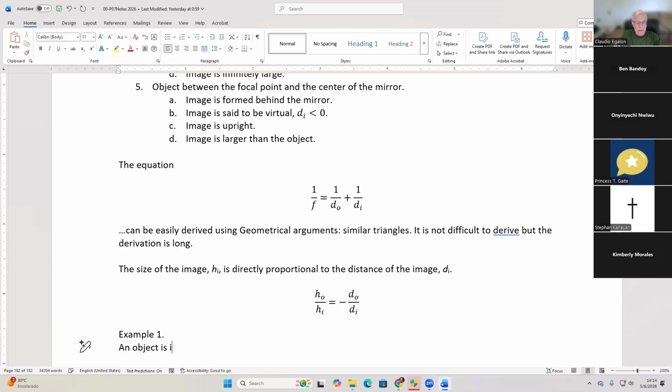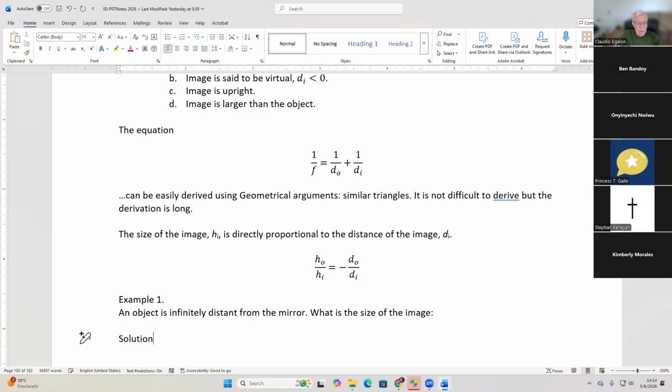Object is infinitely distant from the mirror. What is the size of the image, and where is the image formed?